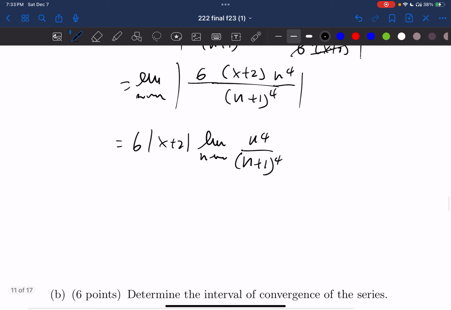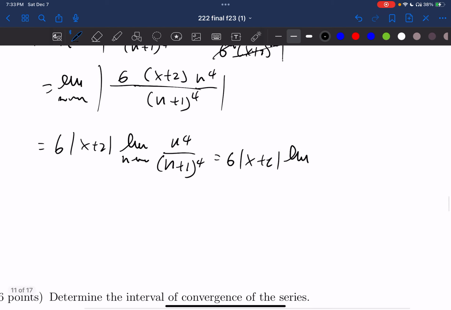This right here is going to be equal to 6 absolute value x plus 2, the limit as n goes to infinity of multiplying this top and bottom by 1 divided by n to the 4th power.